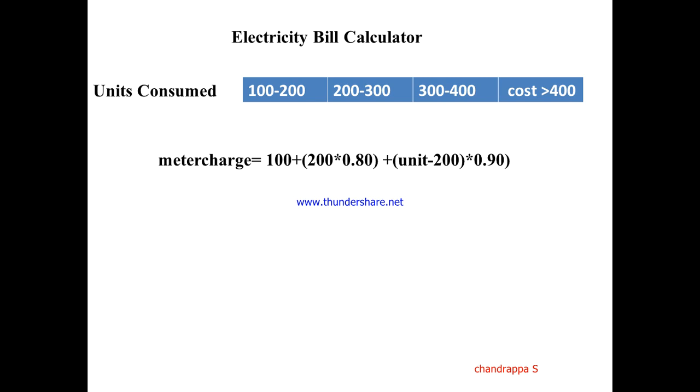That is given by units minus 200 into 0.90 Rs for each unit.